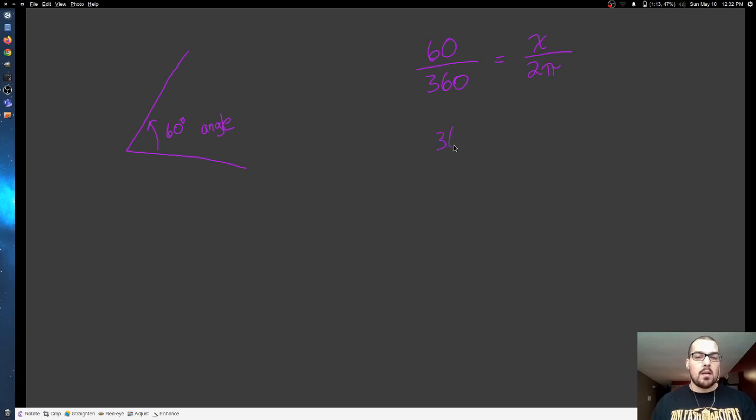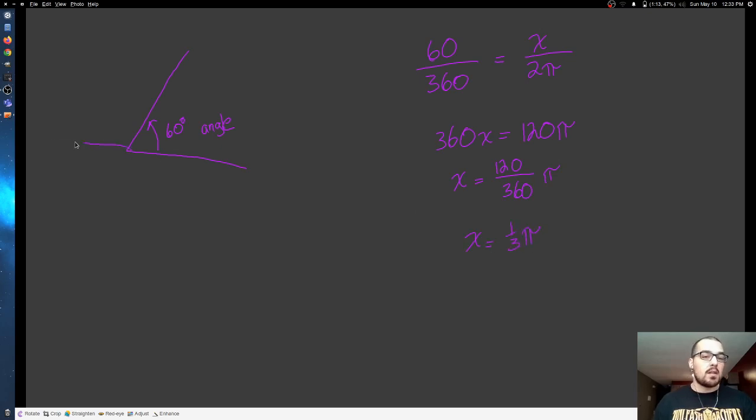Cross multiply. 360x is equal to 120 pi. So then x is equal to 120 over 360 pi, which means x is equal to 1/3 pi.